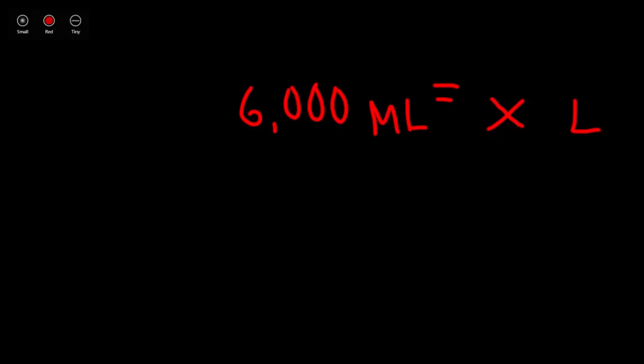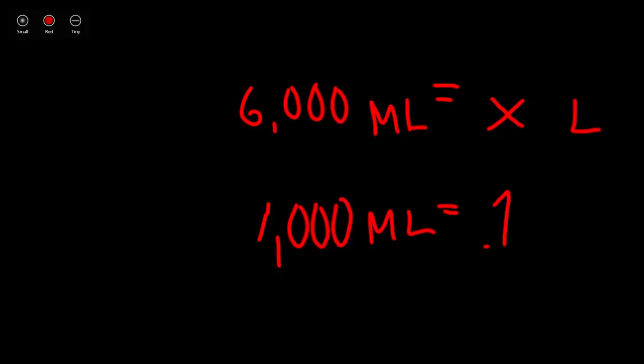Now, to find out how to convert between milliliters and liters, you need to look at your conversion charts to see how many milliliters are in a liter or how many liters are in a milliliter, depending on which one's bigger. When you look at your conversion charts, you should find that 1,000 milliliters actually equals 1 liter.